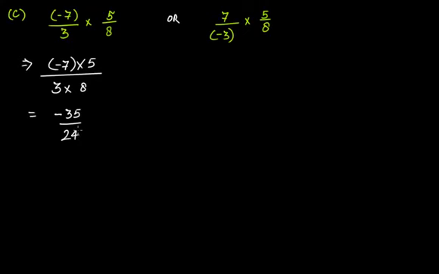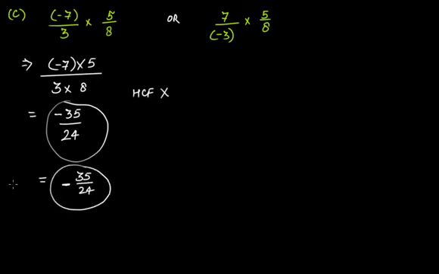Okay, if you want to simplify, check whether there is any highest common factor. In this case, there is no highest common factor, so this is already in its simplified version. And if you want to write it with the minus sign in the middle, you can write it like this one also.